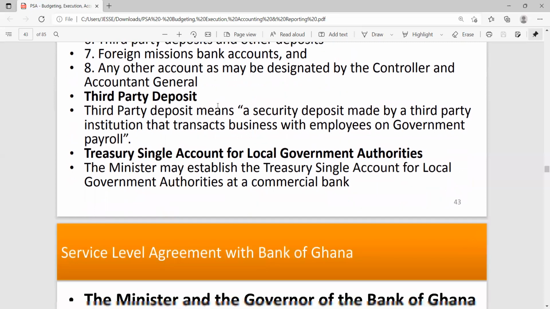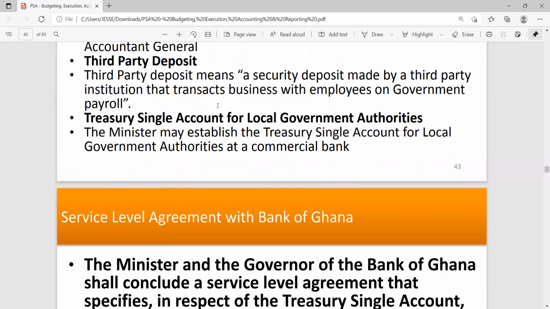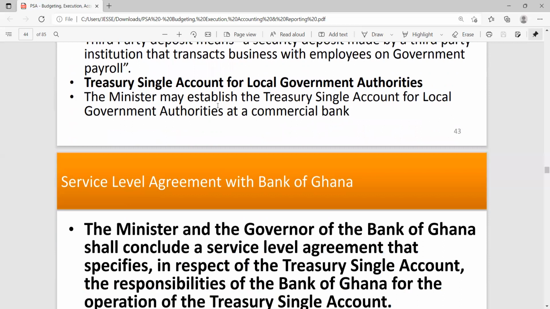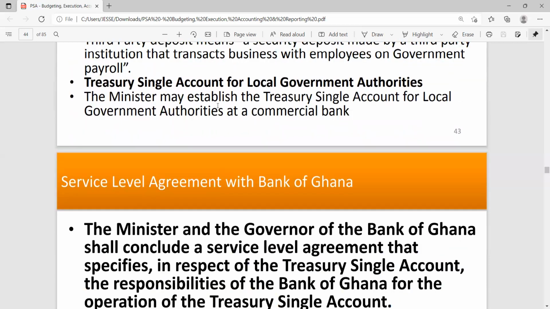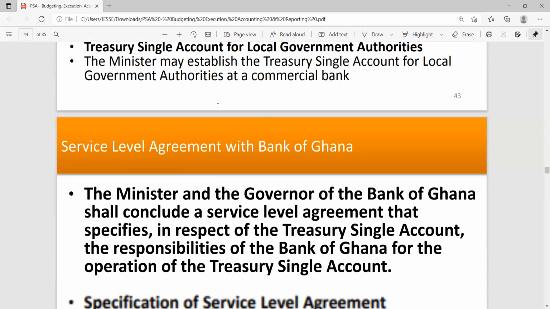And then let's talk a little bit about the Treasury single account for local government authorities. The minister may establish a Treasury single account for local government authorities at a commercial bank. So the minister has the power to do that.